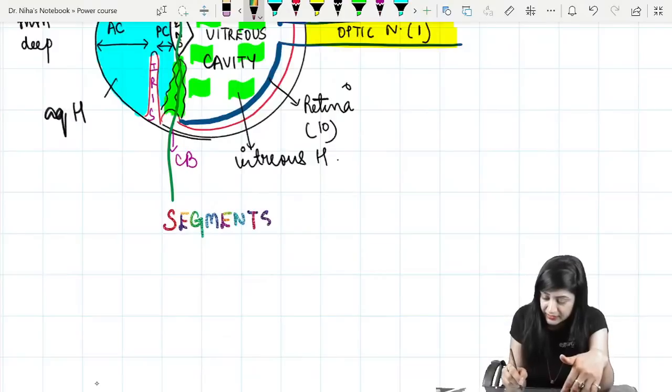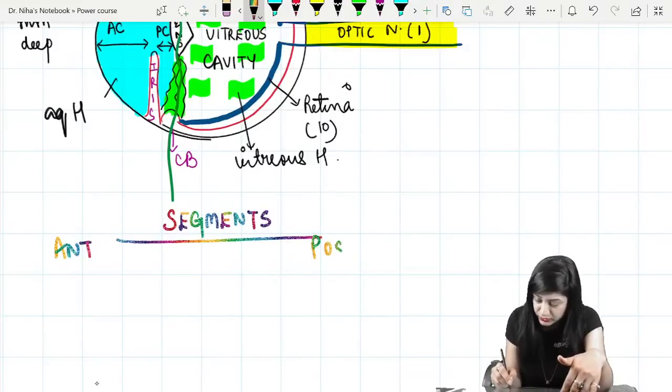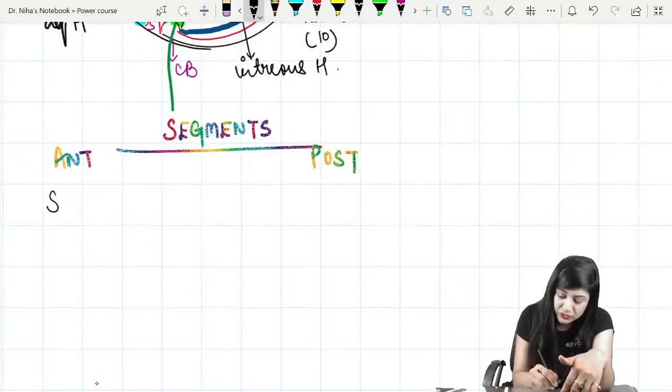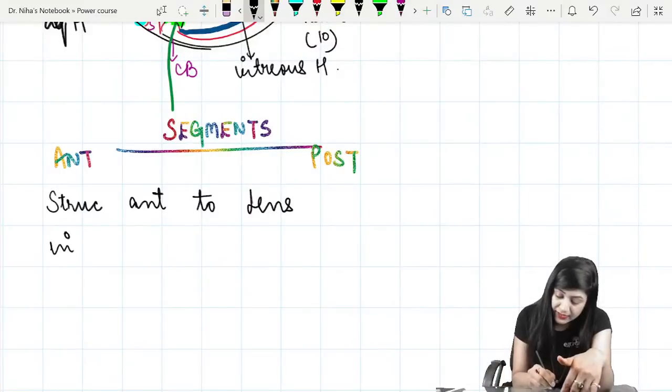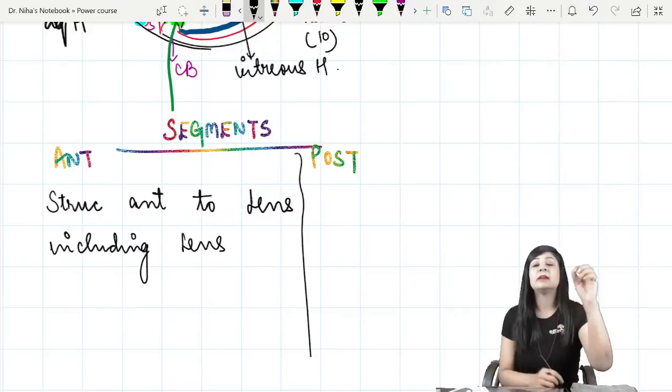If you look at the segments, we have the anterior and the posterior segment. Anterior will be the structures anterior to the lens, including the lens.